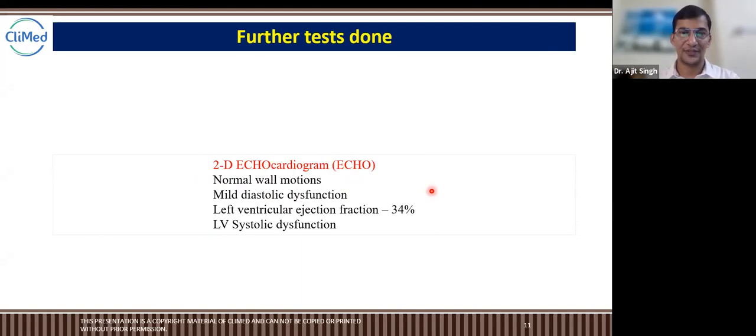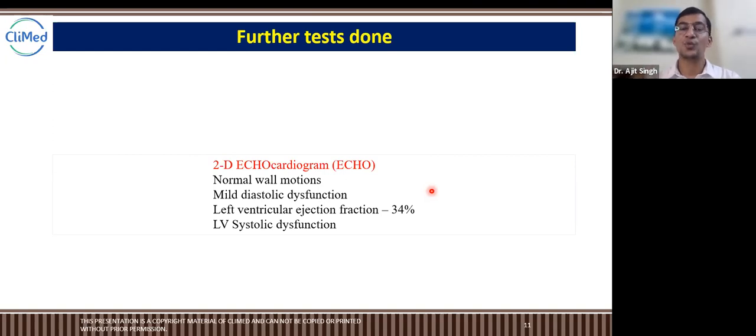Understand? Wall motions, not valve. Talking about wall motion, the wall. Usually we go for the wall motions when the patient gets infarction.